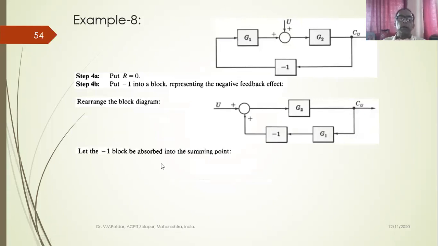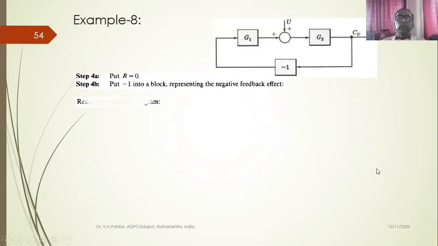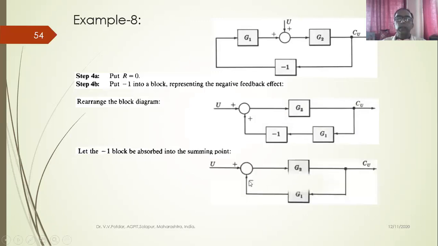The minus one block is absorbed into the summing point. So I call this negative feedback. See, the negative sign is absorbed here, and I keep the positive sign of G1. Now what will be the transfer function?